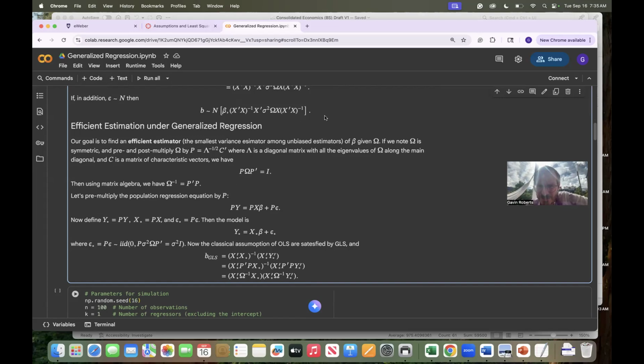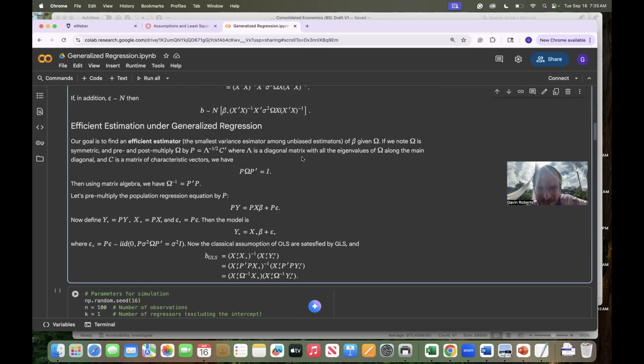But now that we're given this omega matrix that complicates things, we know omega is symmetric, which we saw above, because the covariance between 1 and 2 is the same as the covariance between 2 and 1. That's why it's symmetric. And then we can pre and post multiply omega by this matrix defined as P right here.